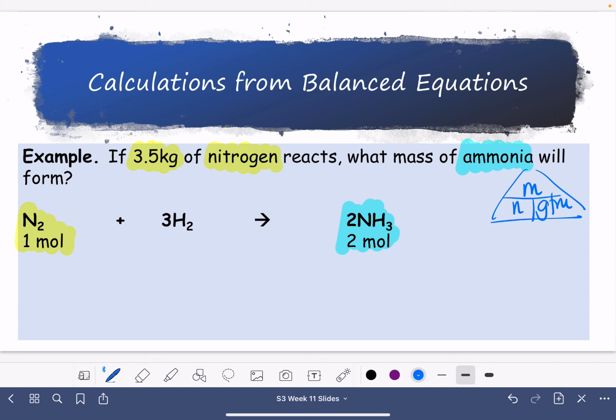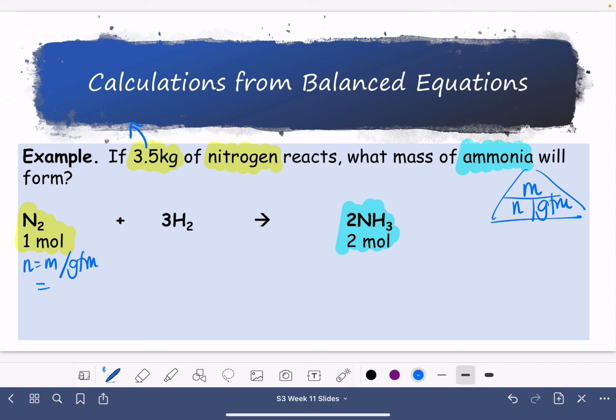So mass, number of moles, and gram formula mass. Okay, so let's say how many moles of nitrogen do we have at the start? Well, we have a mass. We don't have a number of moles yet, so we need to use this triangle to help us work it out. Okay, so nitrogen, we've got number of moles is mass divided by the gram formula mass. What about 3.5 kilograms? How many grams is that?